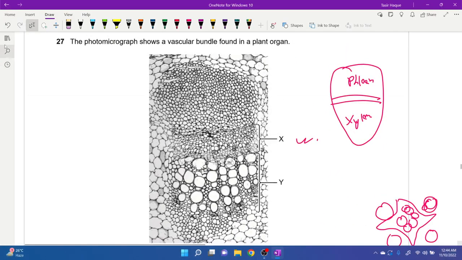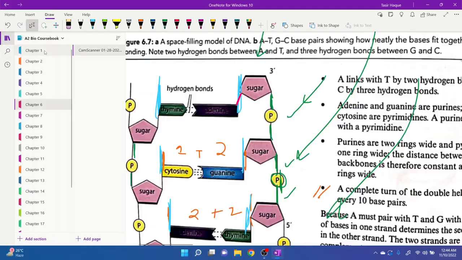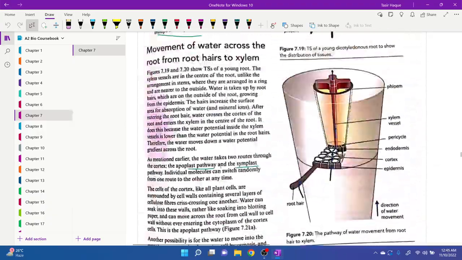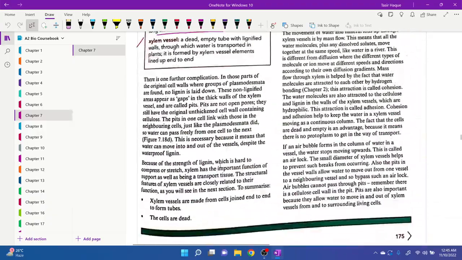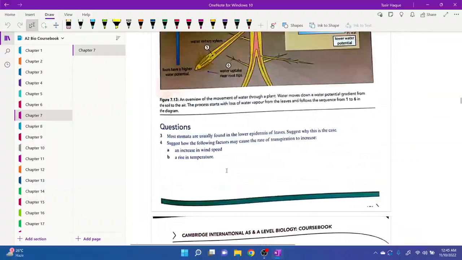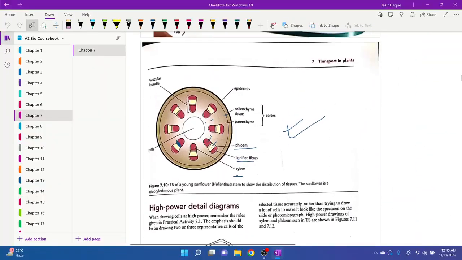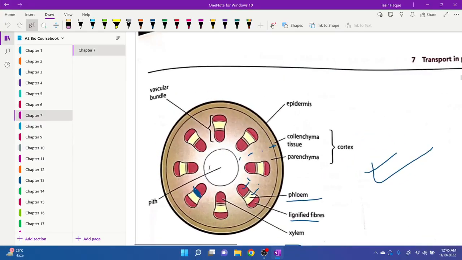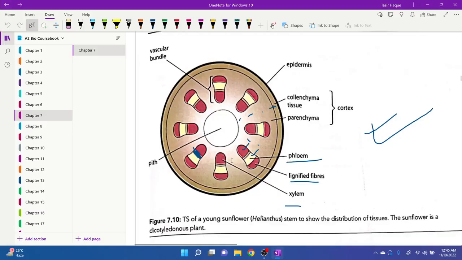If you want more details, it's in chapter 7. Honestly, the worst chapter. I used to hate this when I was a student. Xylem inside, phloem here. We have lignified fibers over here.